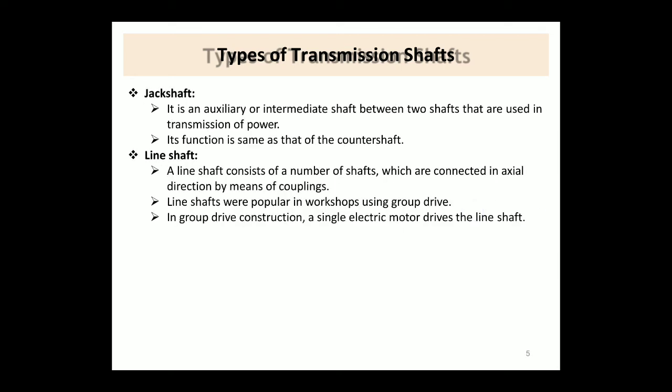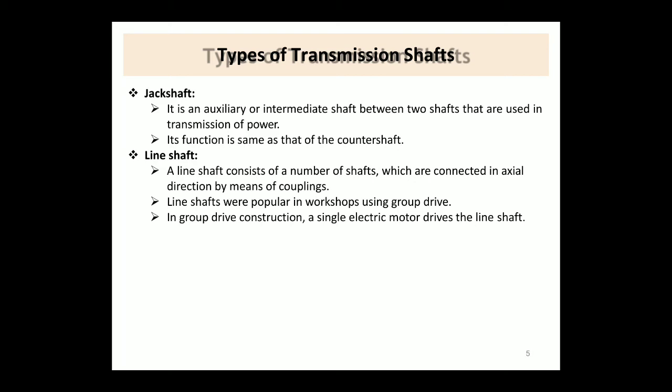Another type is jack shaft. The jack shaft is an auxiliary or intermediate shaft between the two shafts that are used in transmission of power. Its function is the same as that of the counter shaft, as we have seen in the previous slides. Next type is the line shaft.